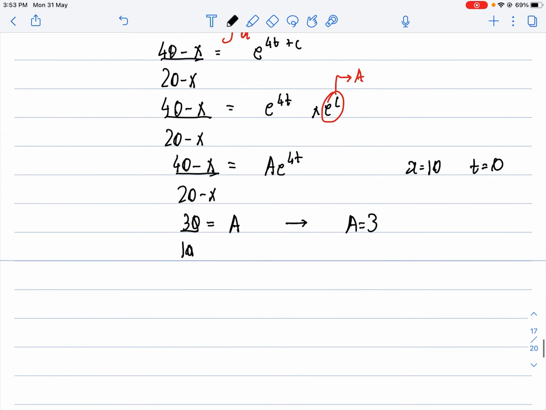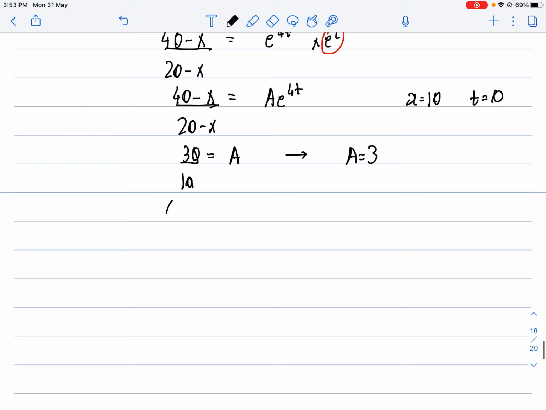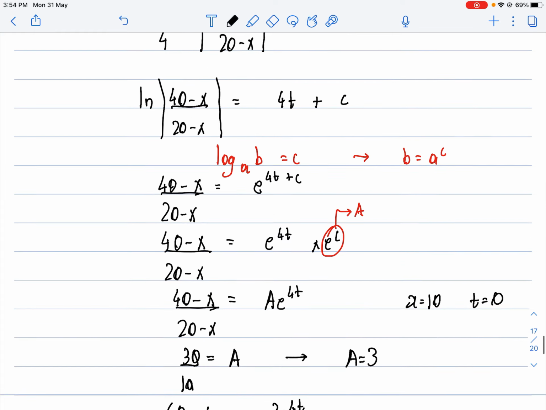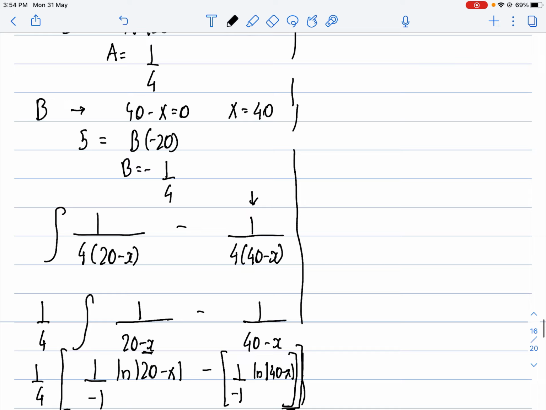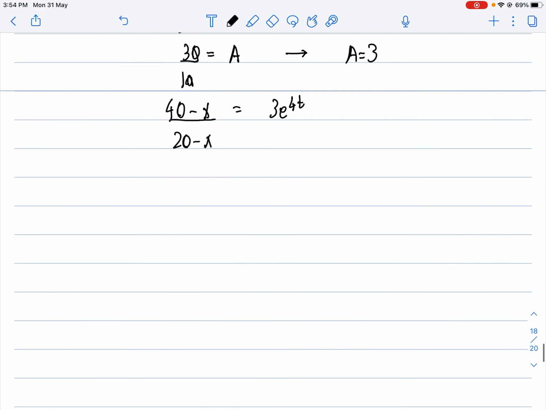So now writing the equation again, (40 - x)/(20 - x) equals 3e^(4t). Agreed? But the last step is left, which is writing x in terms of t. So I need to write it as x equals something.